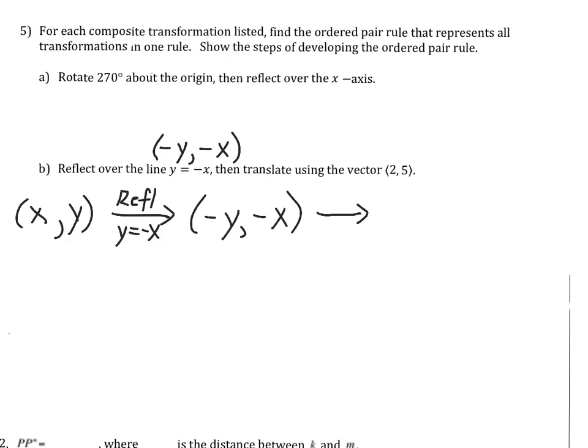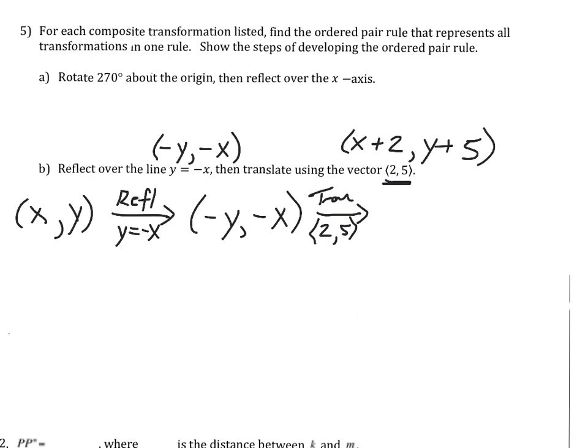After that is a translation using this vector. So remember, this component form tells me that my x coordinates, I'm going to add 2 to, and my y coordinates, I'm going to add 5 to. So, translation, and then my vector is going to be <2, 5>.